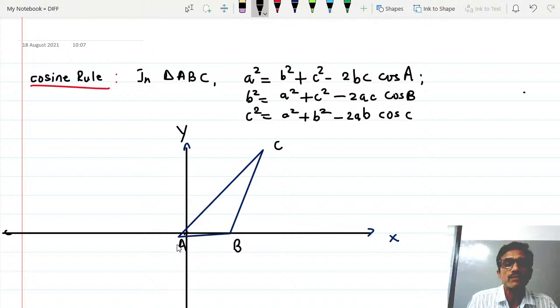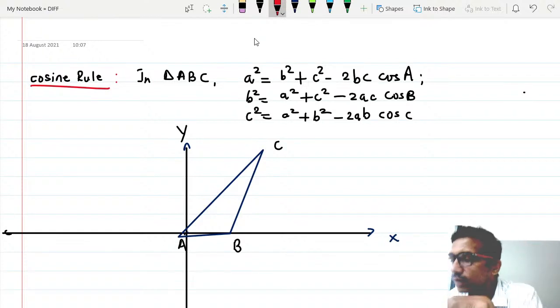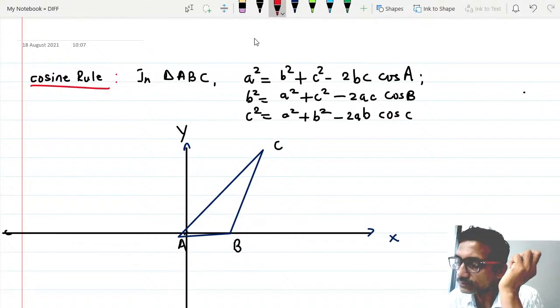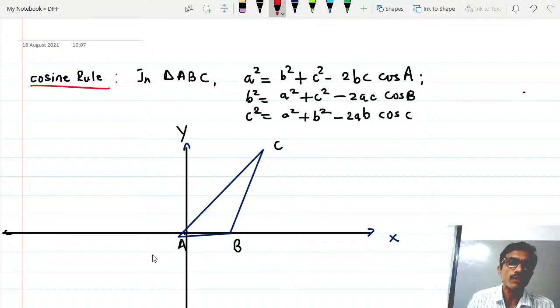Now clearly A is at the origin. So what will be the coordinates of A? Please reply here. The coordinates of A will be 0, 0.